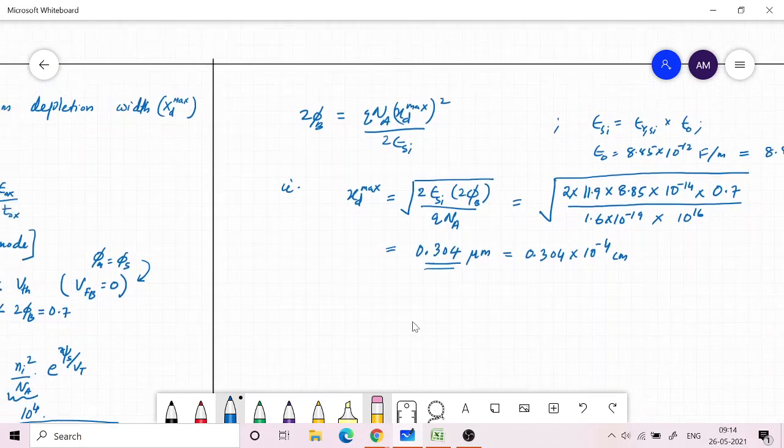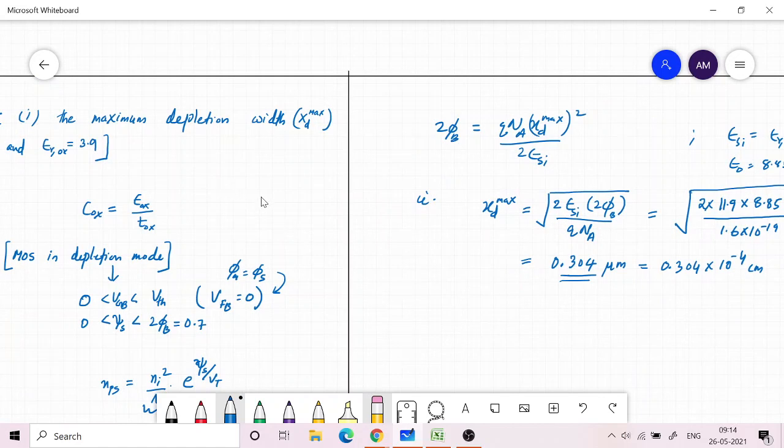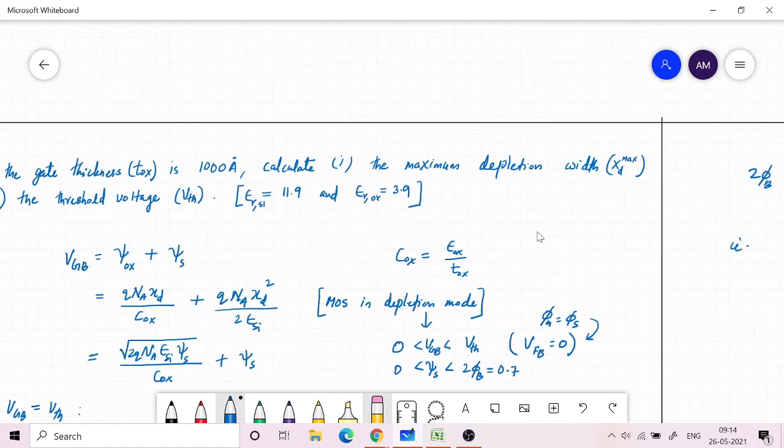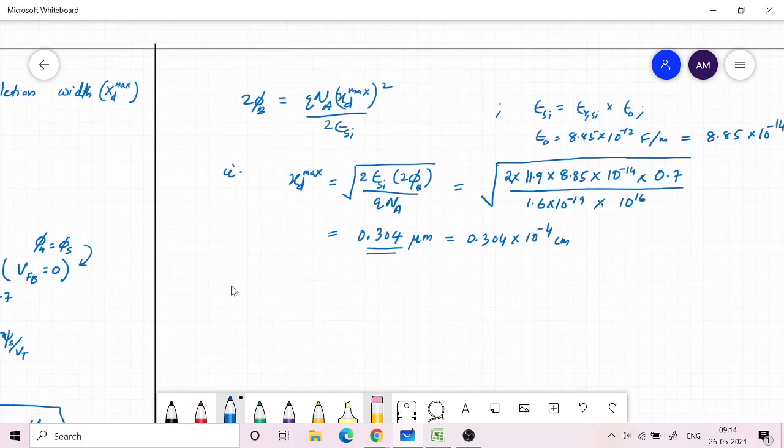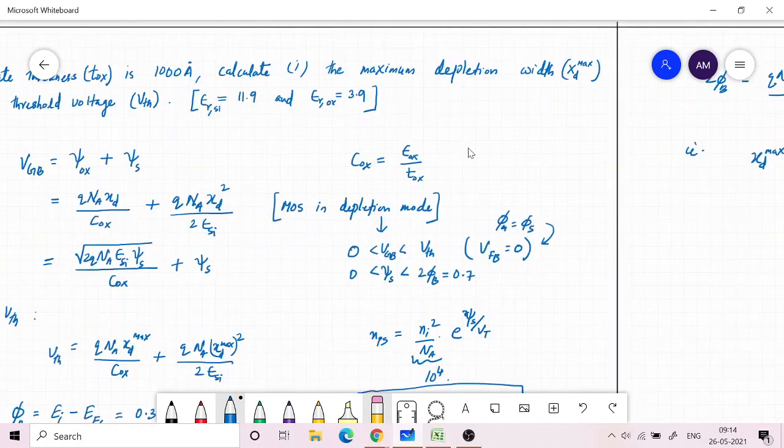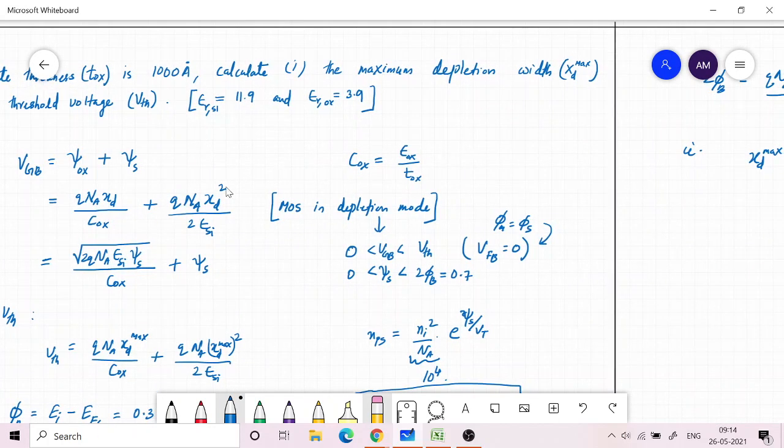So that is the first part of the problem, and the second part is, we are asked to find the threshold voltage. The expression for threshold voltage is here. You can use either of these, either the relationship in terms of XD, or the one in terms of psi s. Psi s we know is going to be 2 phi b.